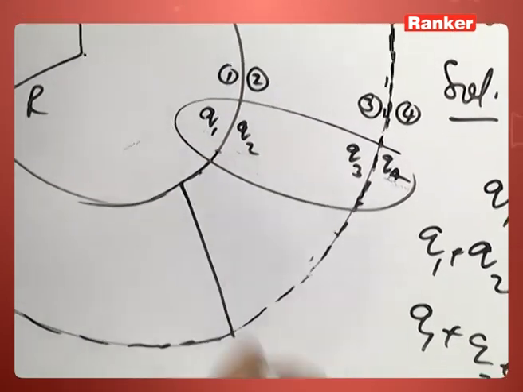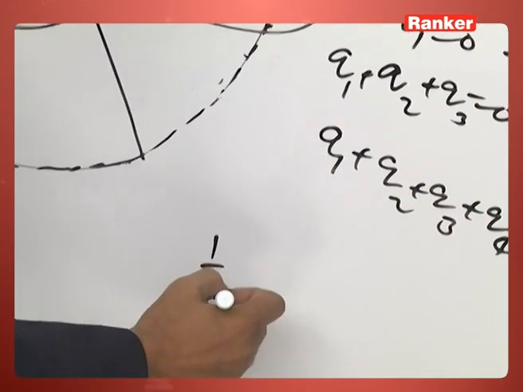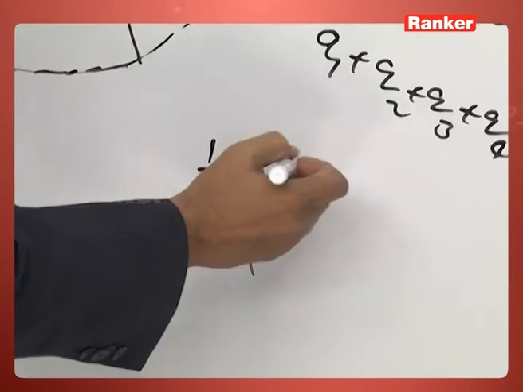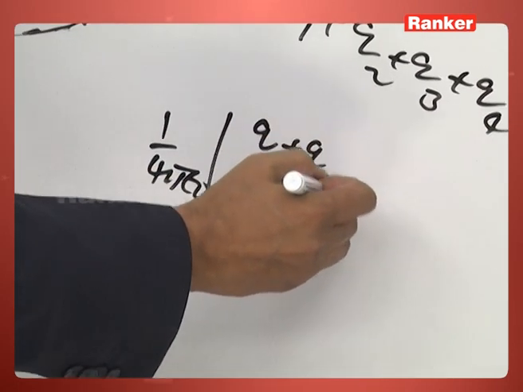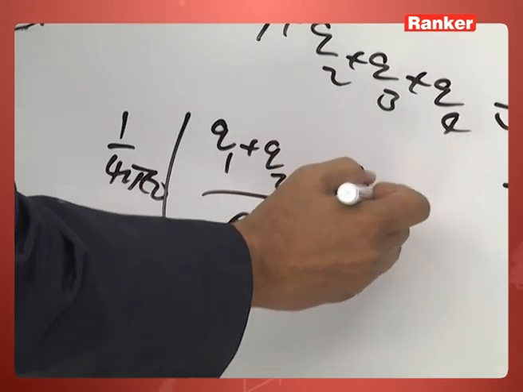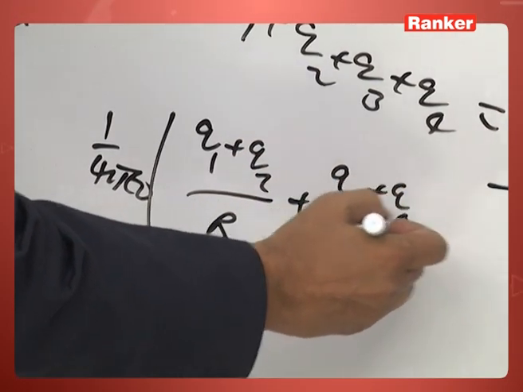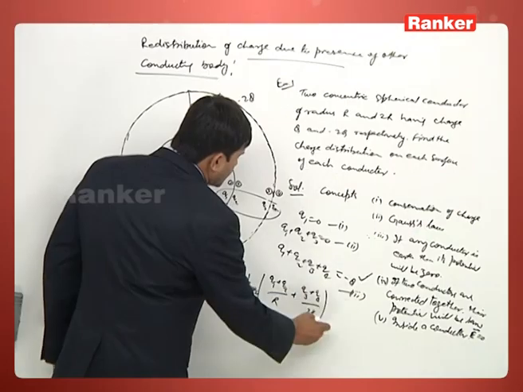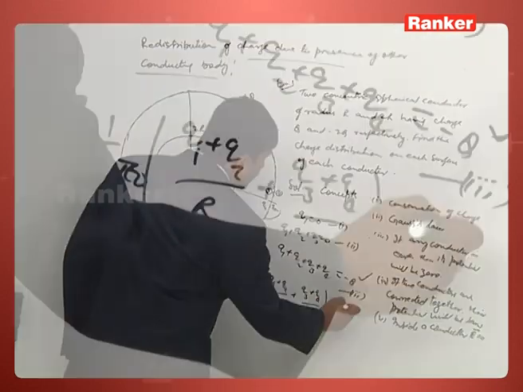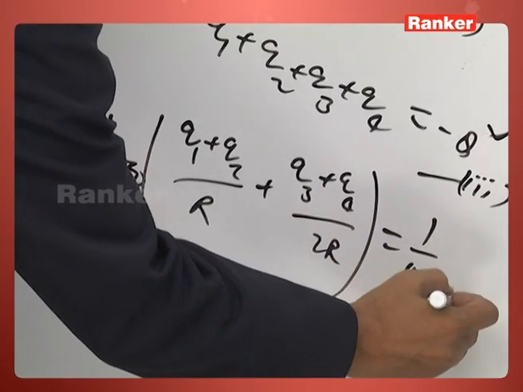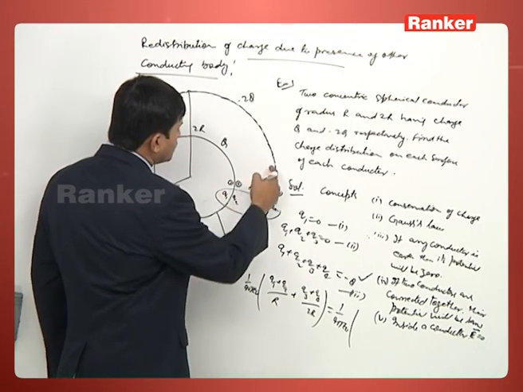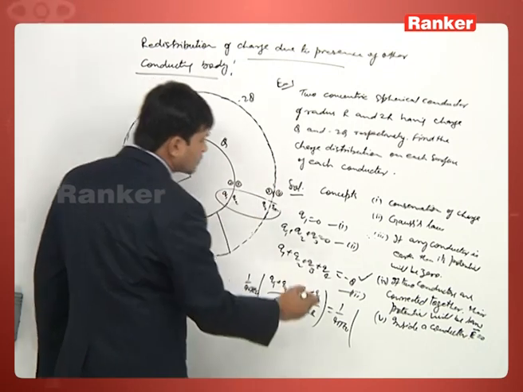See, the potential of the inner shell is 1 by 4 pi epsilon naught times (Q1 plus Q2) by R due to this charge, and due to this charge (Q3 plus Q4) by 2R. This is the potential of the inner shell. And the potential of the outer shell: due to the inner charges, (Q1 plus Q2) by 2R, and Q3 plus Q4 also by 2R.